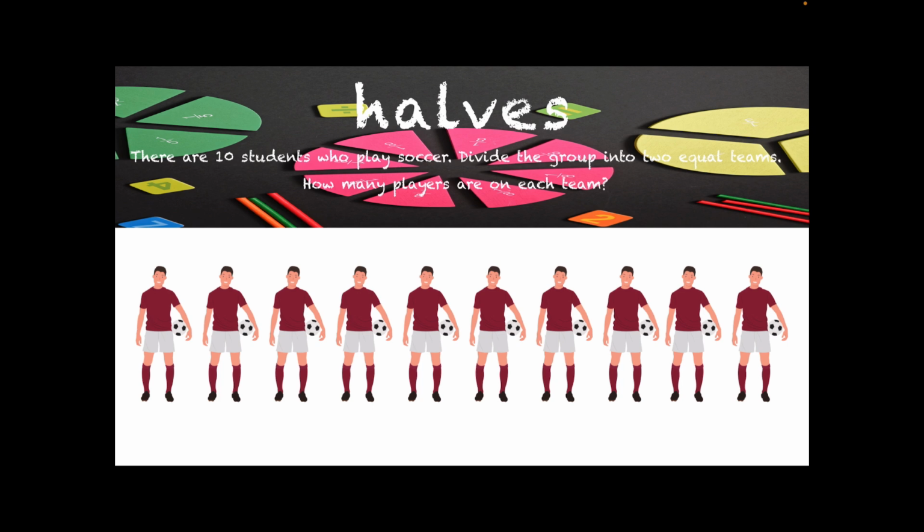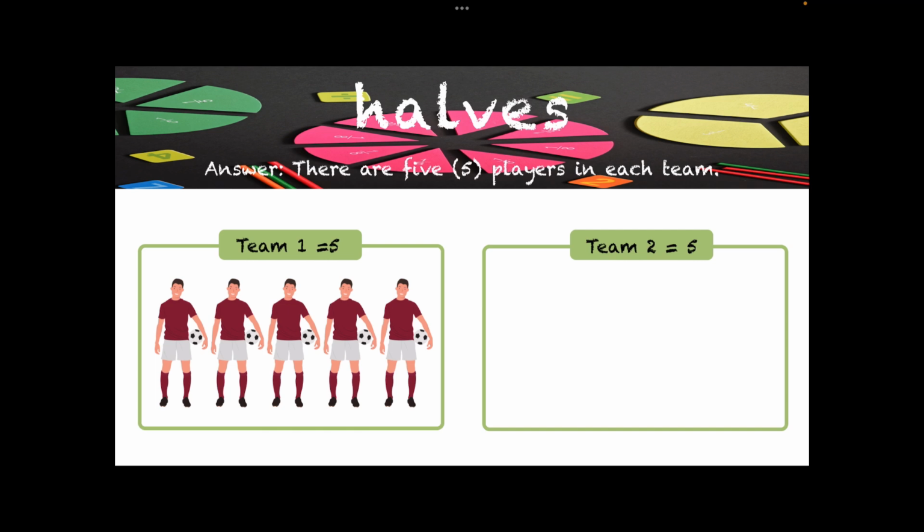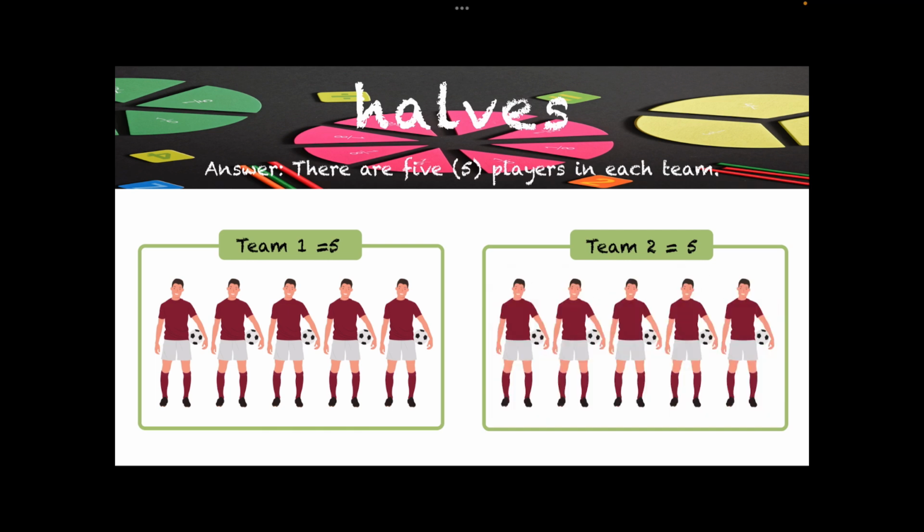The two teams would be the two halves of the whole group, and each team would be one half of the whole. So the answer would be each team would have 5 players. Team number 1 would have 5 players, and team number 2 would have 5 players as well.